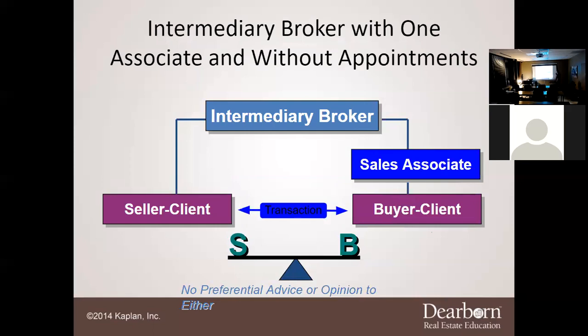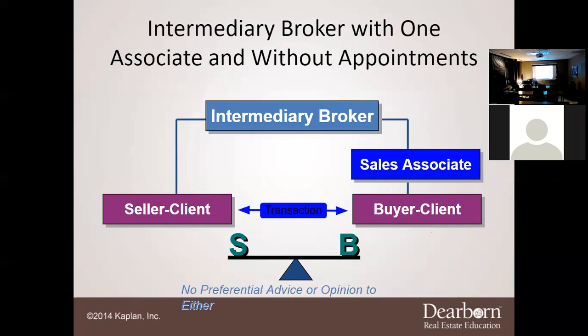Now this is what's called an intermediary with one associate and without appointments. So if you notice here, it's an intermediary broker, but here, Mr. Eugene, you're the sales associate, and you're representing the buyer, but we're also representing the seller. Well, what did I say earlier? Can the broker ever go up against the sales agent? No. So again, can we give any advice, opinions, or anything to either client?